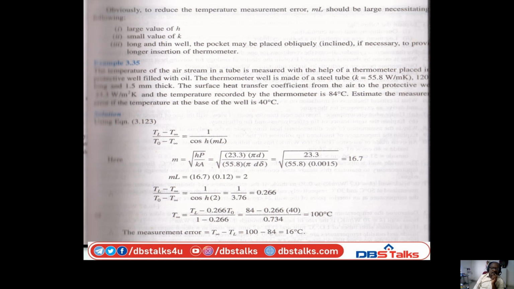So the error is a function of mL, where m equals the square root of hP by kA. So it is a function of the value of h and the value of k.